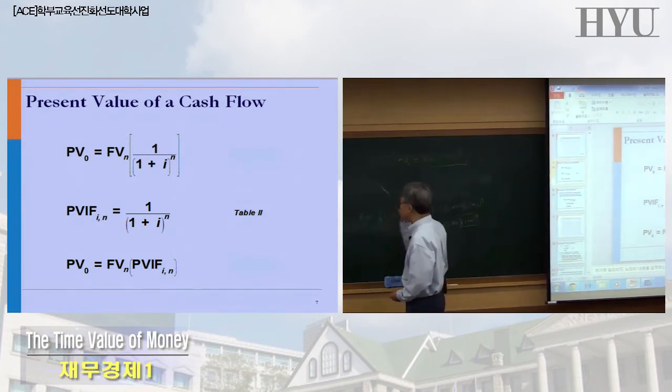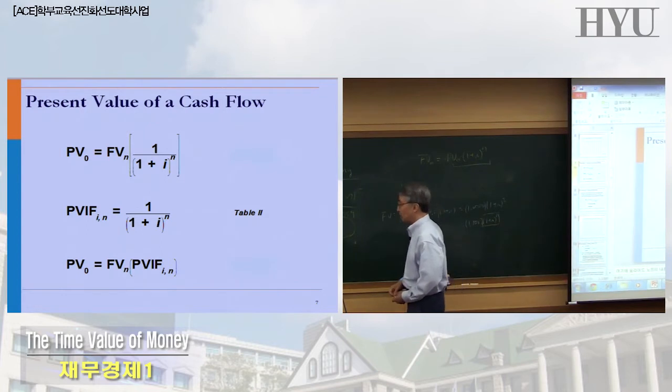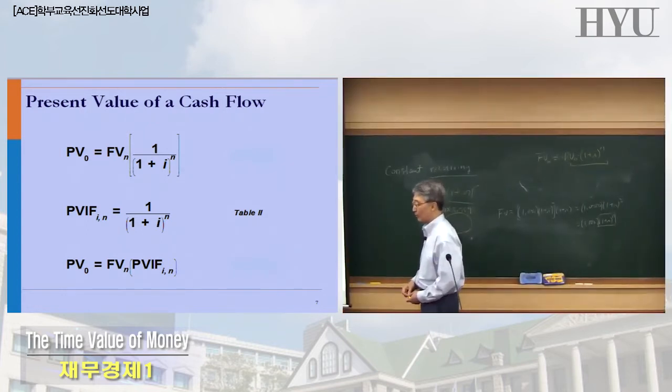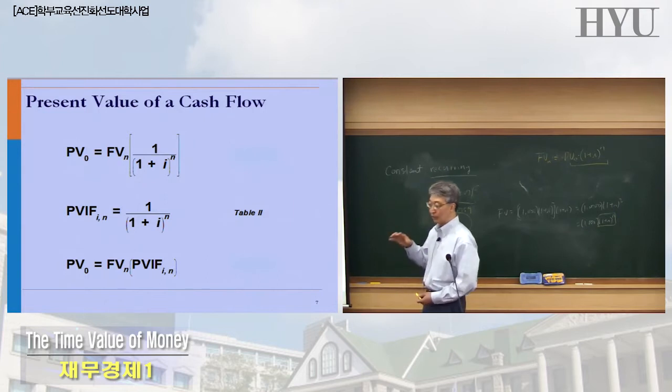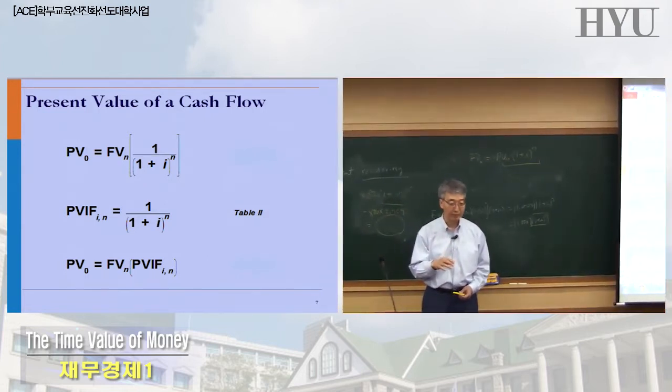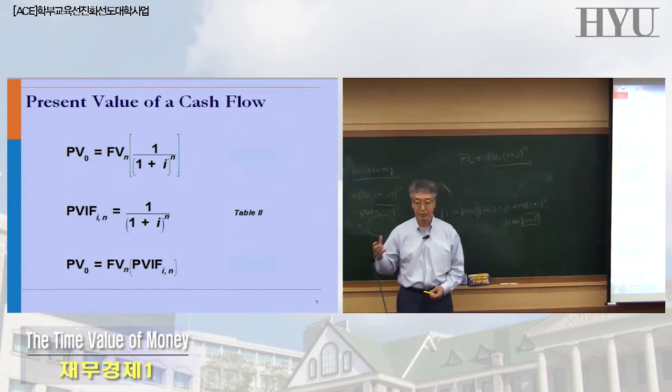Sometimes you want to know the present value instead of the future value. In other words, you already know the future value and you want to calculate the present value. Let's say somebody promises you something.